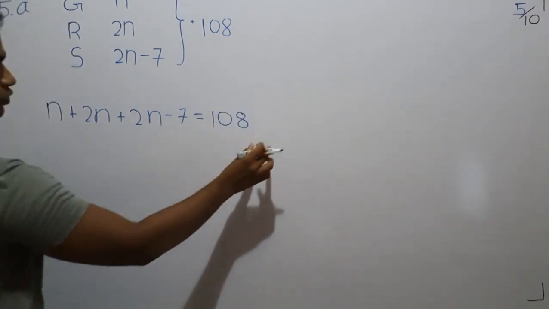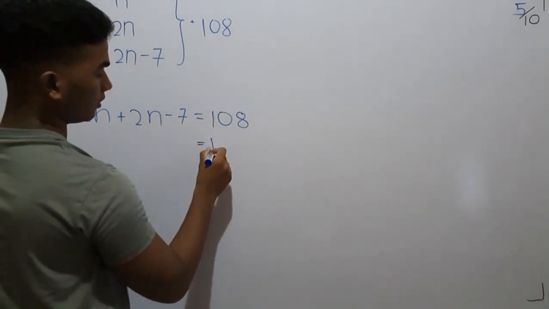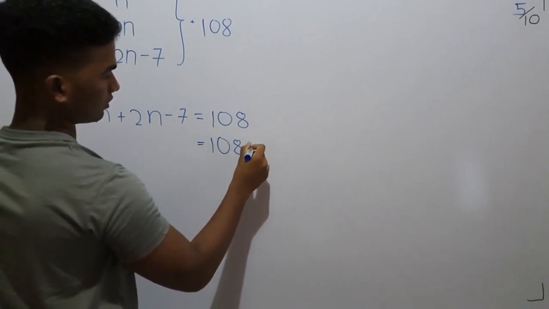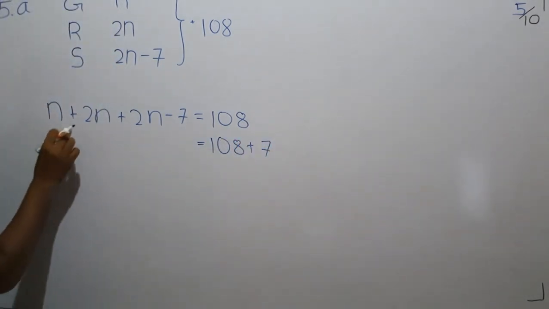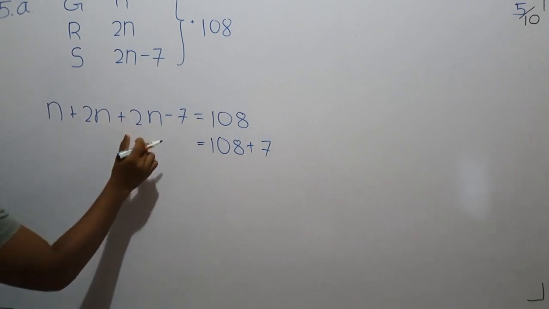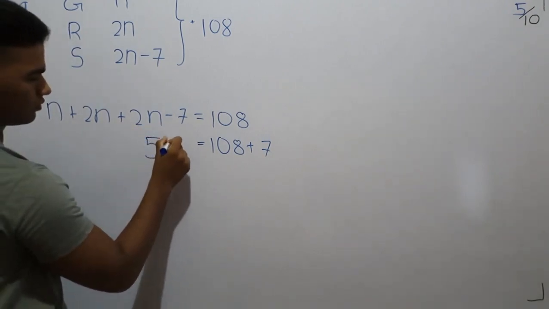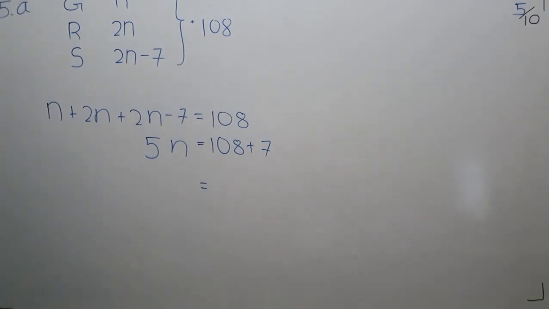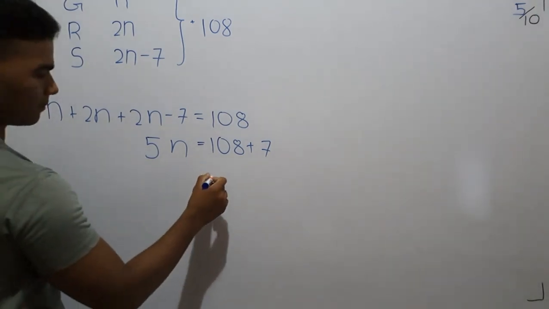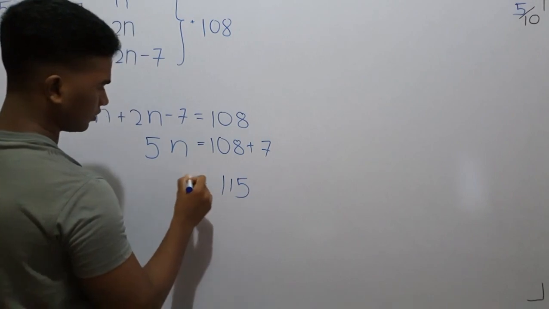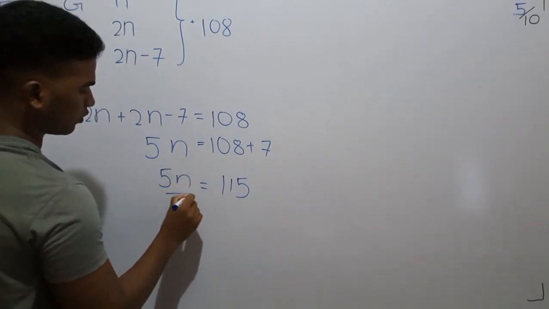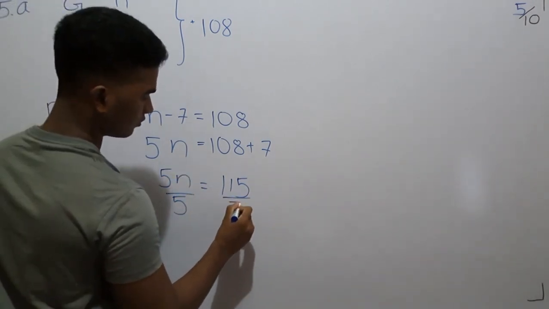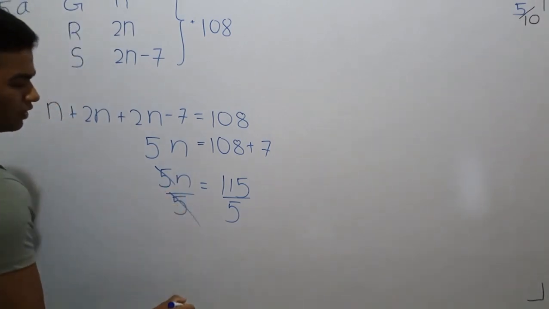Take minus 7 to this side, it will be plus 7. n plus 2n is 3n, plus 2n is 5n. 108 plus 7 is 115 equals 5n. Divide both sides by 5. 5 and 5 will get cancelled.